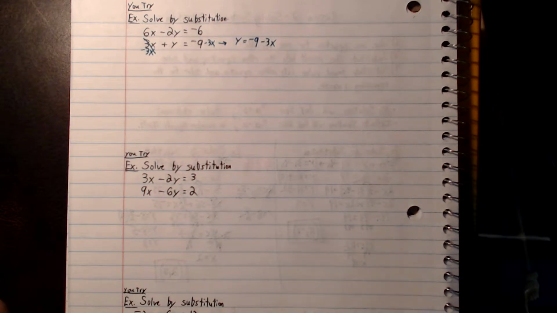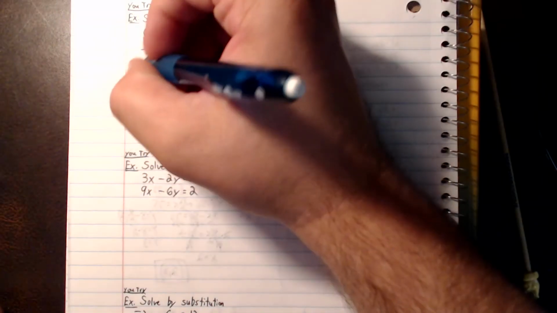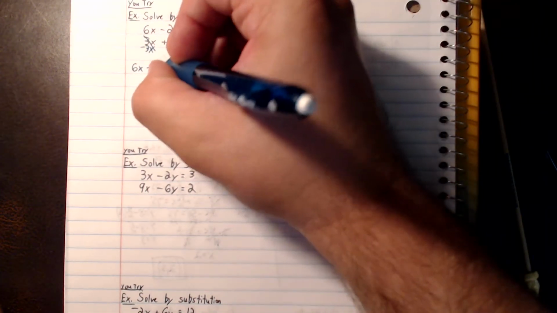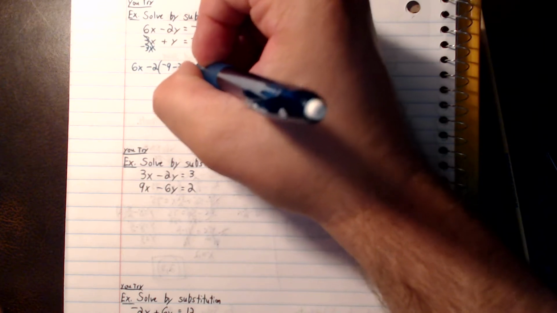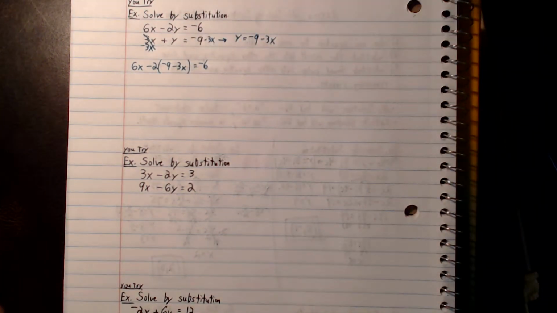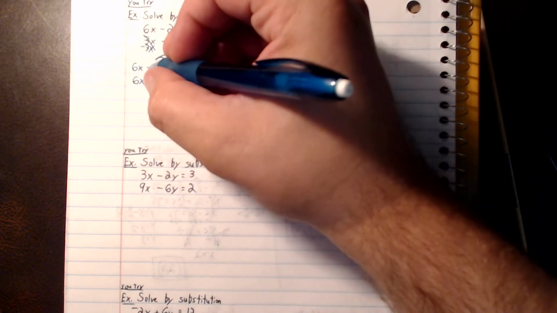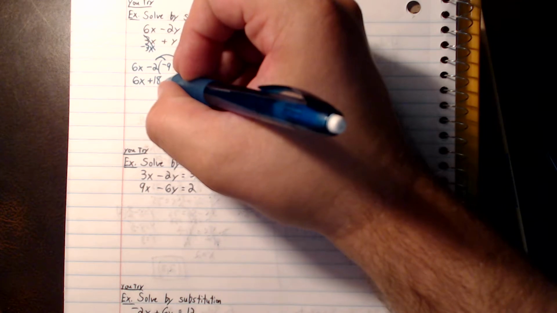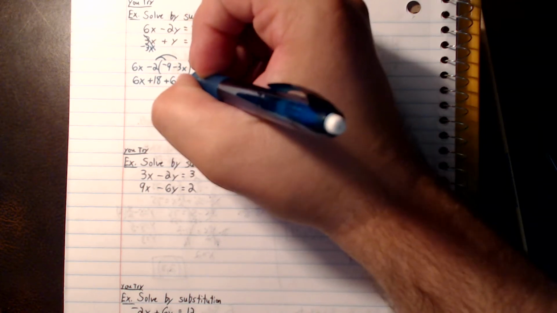We'll replace in this equation. So 6x minus 2 times (-9 minus 3x) equals -6. You should have distributed here. -2 and -9 is +18. -2 and -3 is +6x.